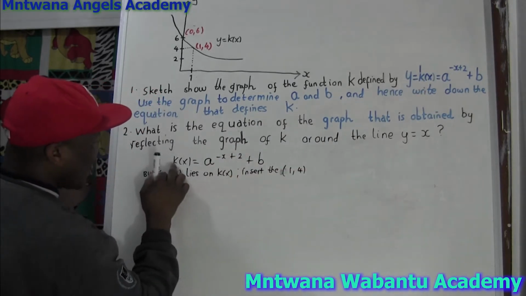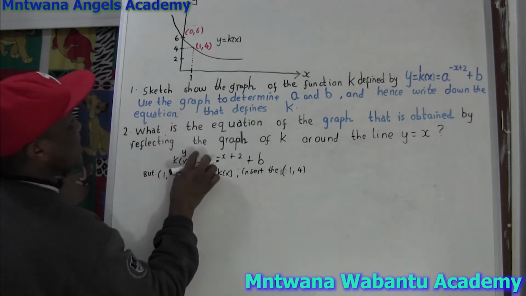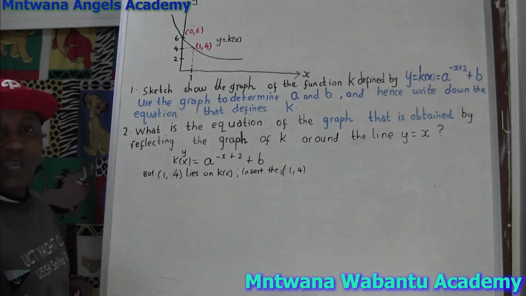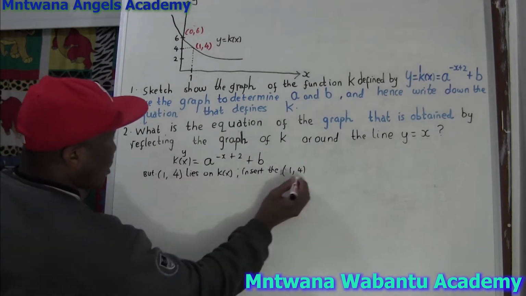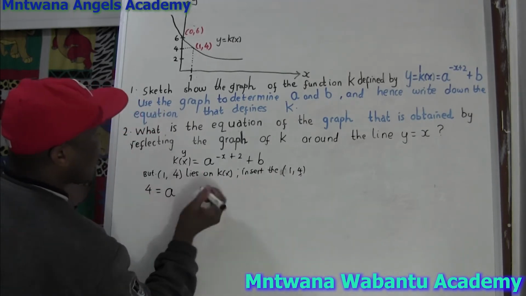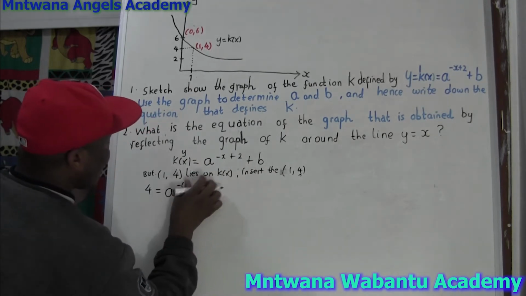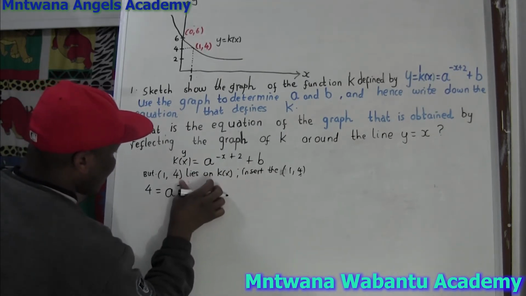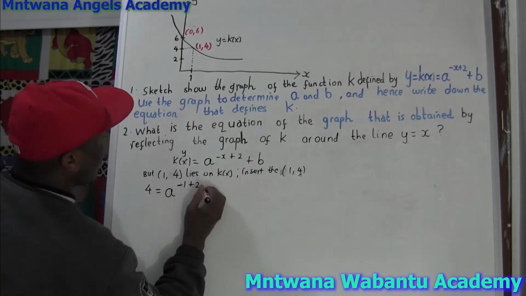Okay, so 4 is y, meaning k of x is y. You say k of x or you say y, it's the same thing, even if they don't tell you. If somebody says f of x or g of x, it means y. So here I'm going to put in the position of y, which is 4, equal to a to the power negative, what is my x? x equal to 1. So a to the power negative 1 plus 2, plus b.